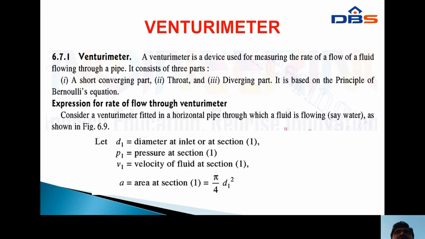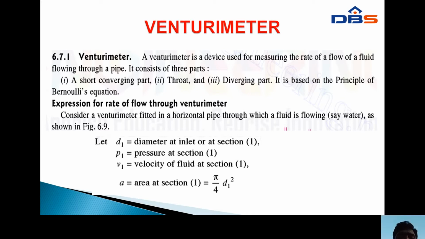This derivation is for the Venturi meter connected in a horizontal pipe. Horizontal pipe means the datum head at the inlet and outlet of the Venturi meter is constant; the height of the inlet equals the height of the outlet. That is called the horizontal connection of the Venturi meter.